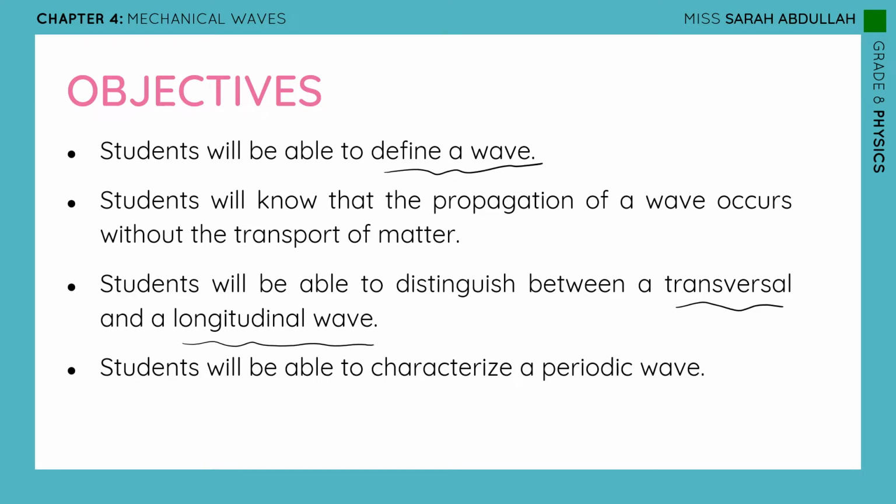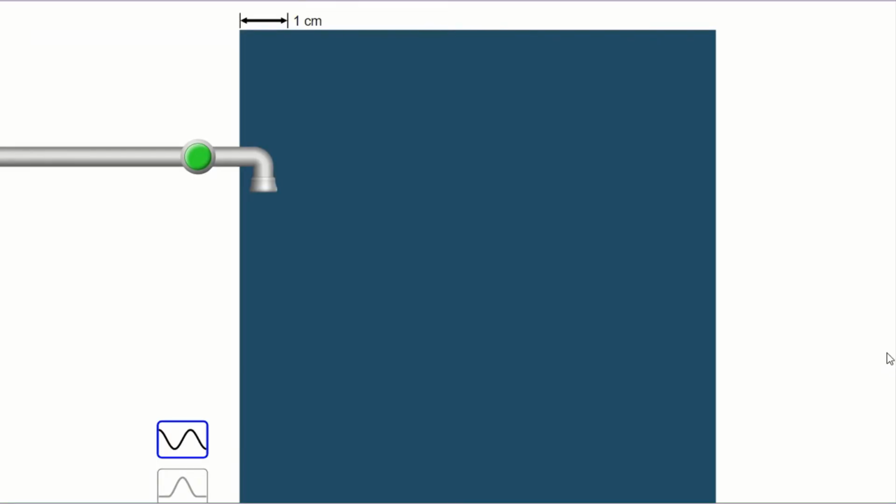periodic wave. When I say wave or mechanical wave, what is the first thing that comes to your mind? I know that water waves or sea waves, the waves that we see in water, are also called mechanical waves. Have you tried throwing a rock in a lake?